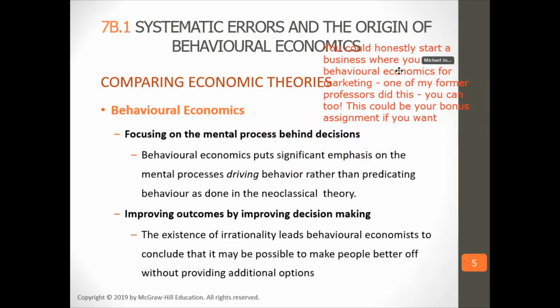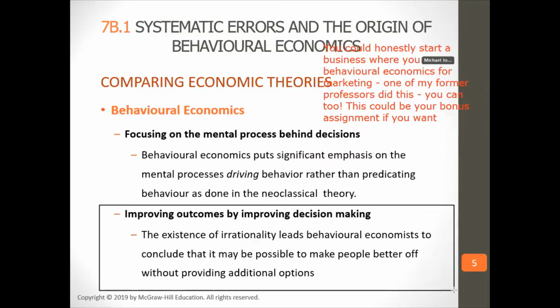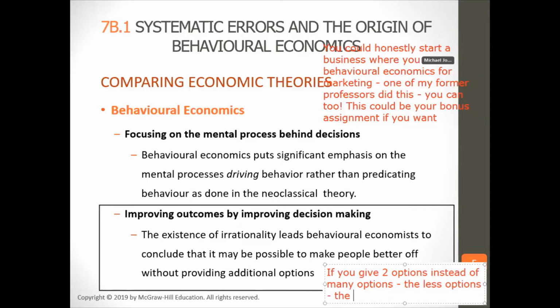One of the things you could do to make people want to buy more is to give two options instead of a million, instead of many options. The fewer options, the more decisive people are. You could use that in a marketing context.